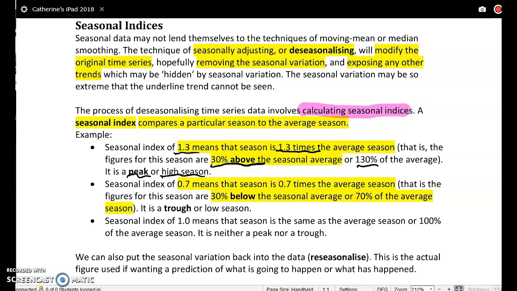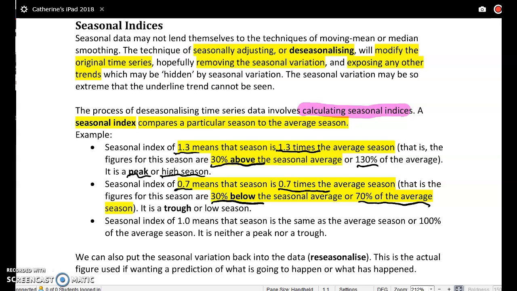So a seasonal index of 0.7 means it is 0.7 times the average season. So it's 30% below the seasonal average, or 70% of the average season. So you might think that this is when our sales are very much less than what we're getting in an average season.